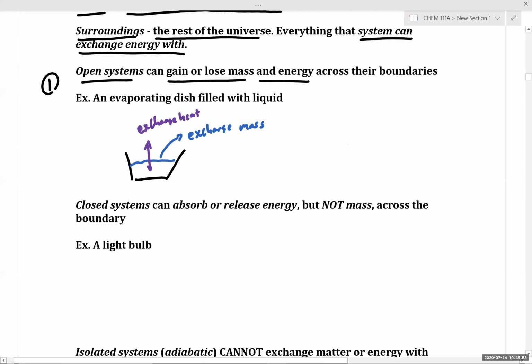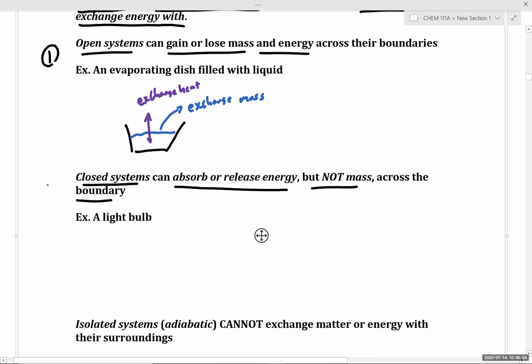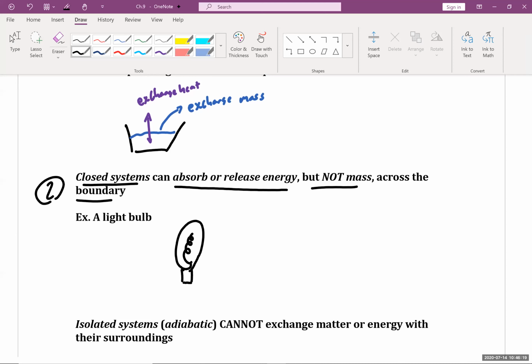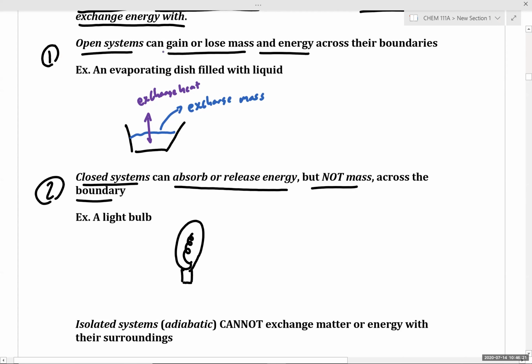Now, the next type of system is known as a closed system. So closed systems can absorb or release energy, but not mass across the boundary. A classic example of a closed system would be a light bulb. Thinking about the light bulb, first and foremost, if you've ever done this as a kid, when a light bulb's on and you touch the outer glass, you can see that heat can be exchanged.